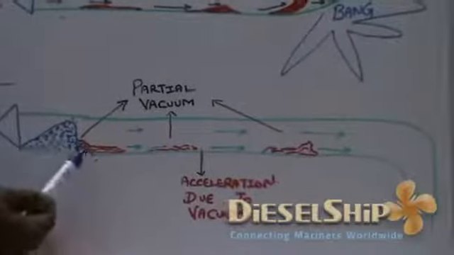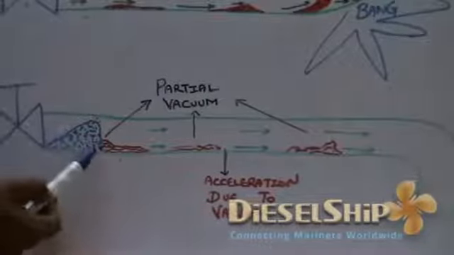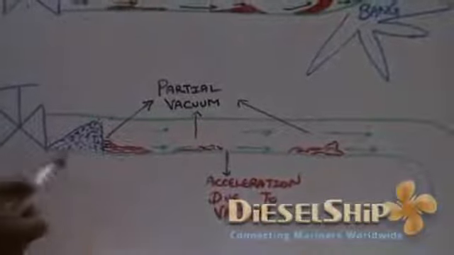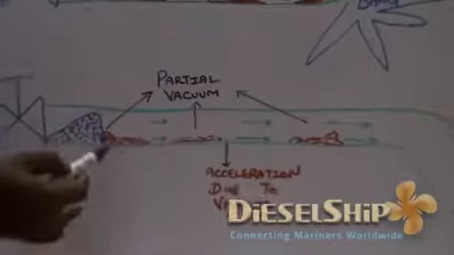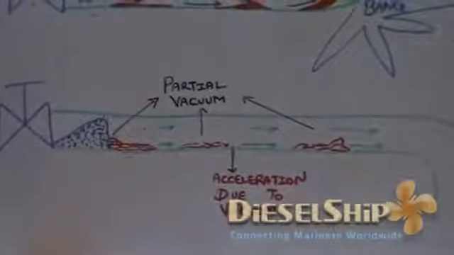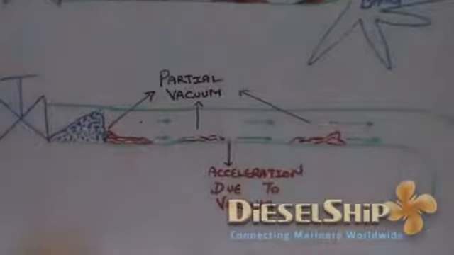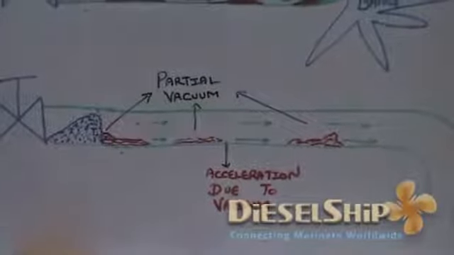Since water is colder, the wet steam which is coming out of the valve condenses into water, and this condensation along with the partial vacuum due to the earlier condensation of steam pulls the steam, which accelerates the velocity of the steam.